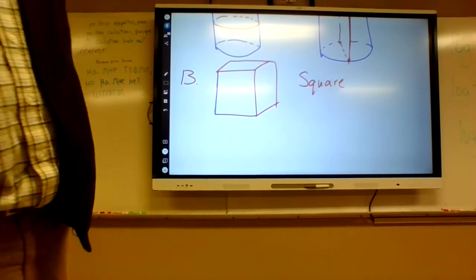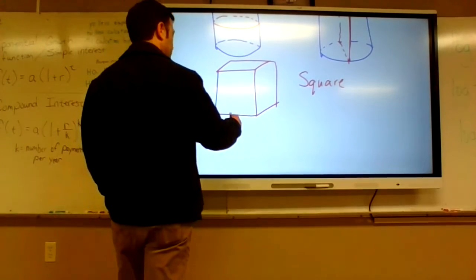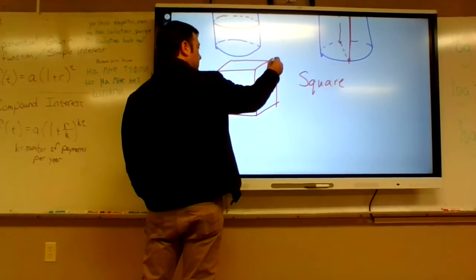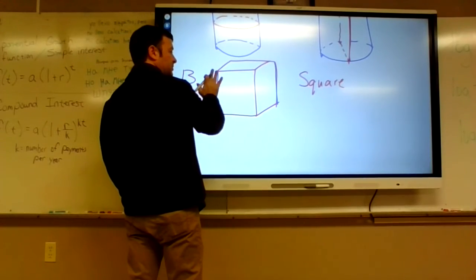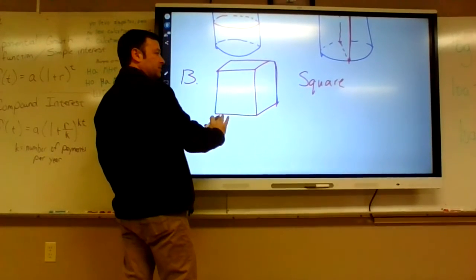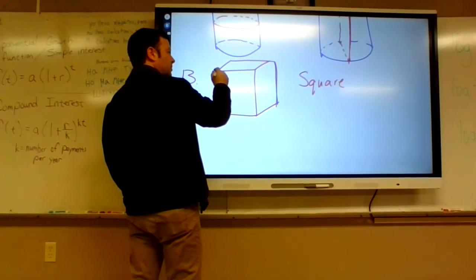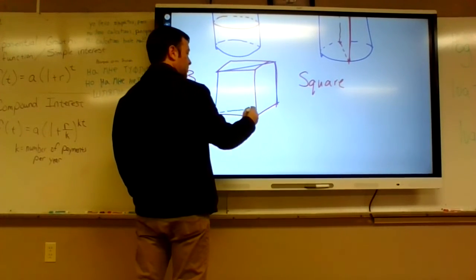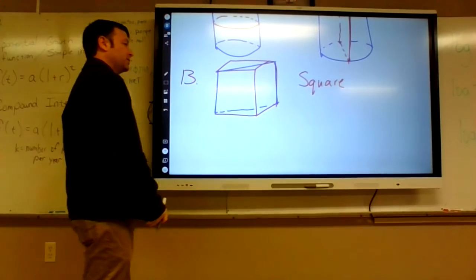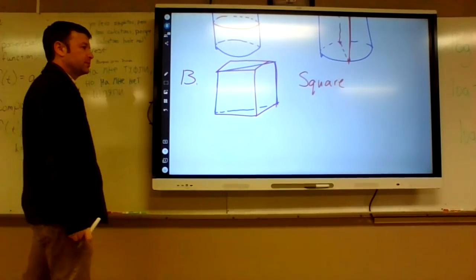The back right edge. No, I didn't draw it back. Oh, it's over here. Yeah, it's cutting diagonally through the cube. Oh, yeah, that makes sense. So I guess you would be able to see that line. This line would be dotted. But yeah, what shape is that? Rectangle. Rectangle.